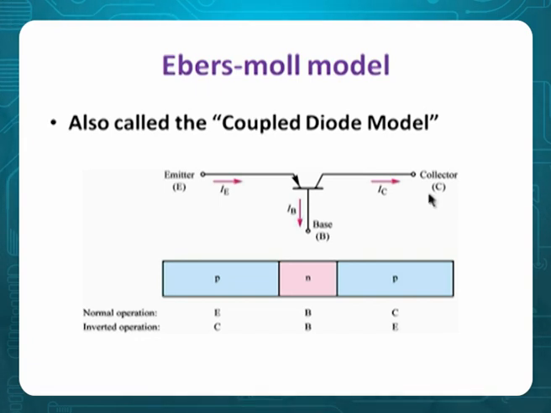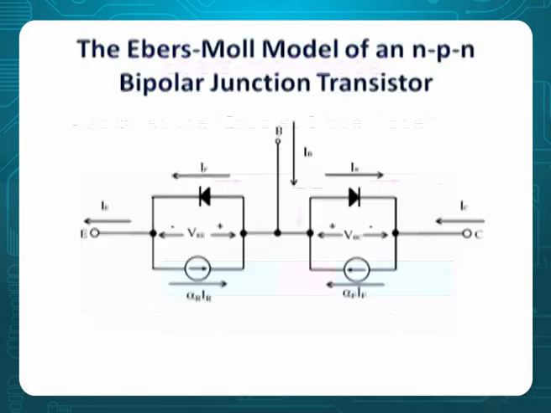Now let me take you to the Ebers-Moll model. It's also called the coupled diode model. This is one diode, this is another diode. Here is one diode between P and N, and P. This is P and P. Emitter, base, collector is called normal operation. If you take emitter here and base here and collector here, it is called inverted operation. So let's see what is the equivalent for this. Look here: emitter, base, collector.